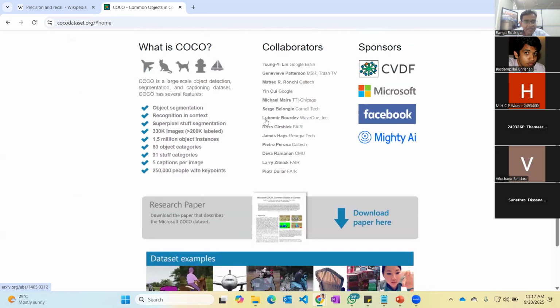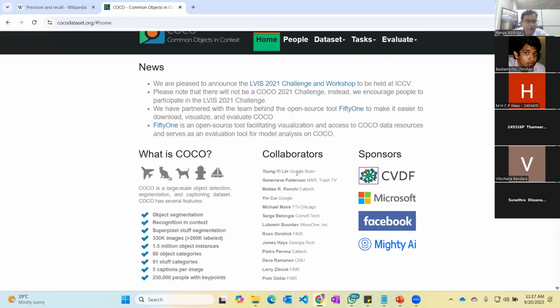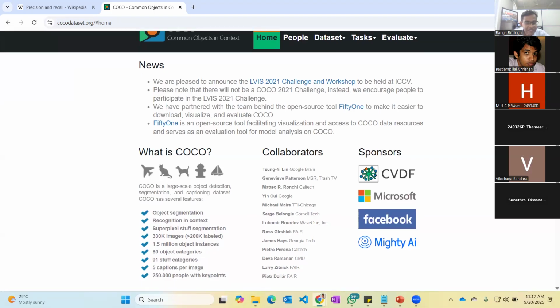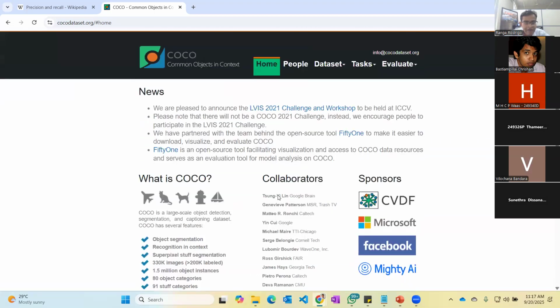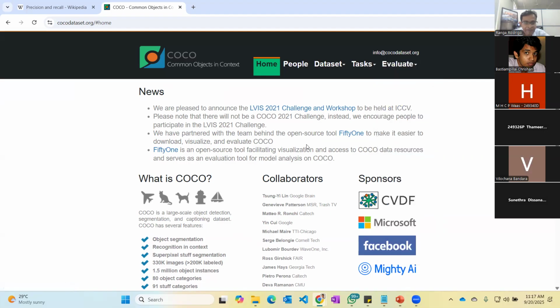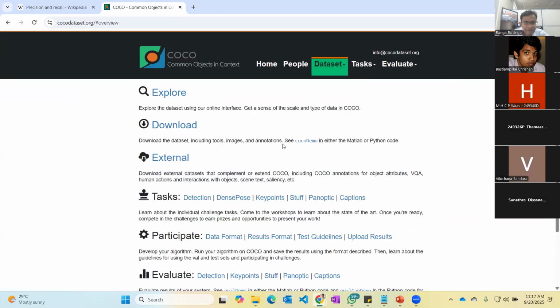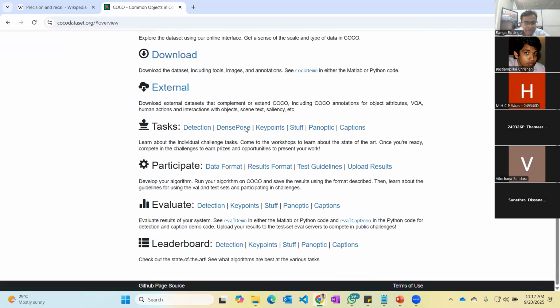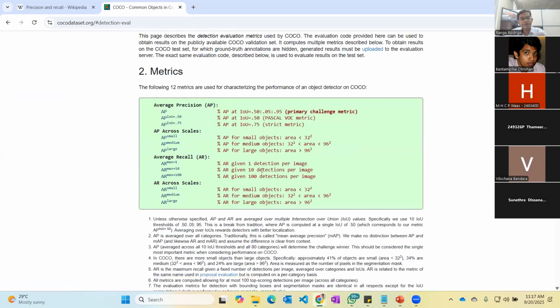COCO, common objects in context, I think Microsoft did that. I think they have objects and so you can see here.